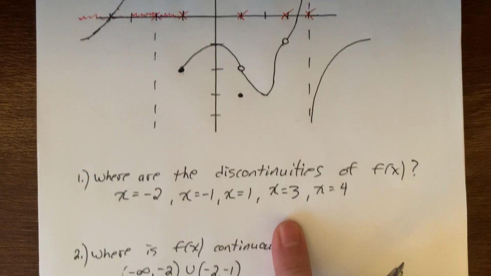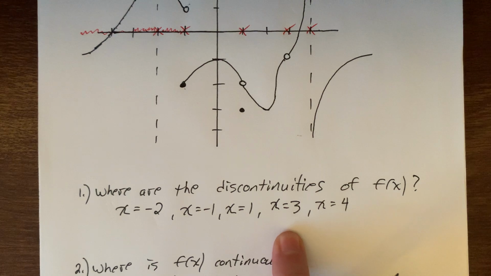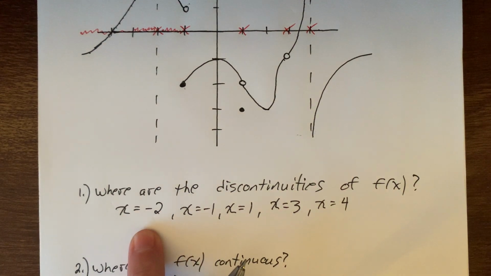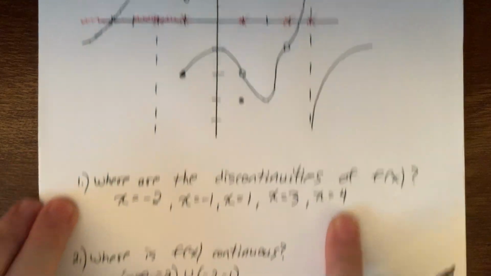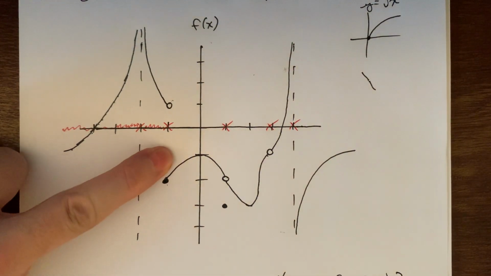Just like even up here, you need to at least identify this is an x equals, but then you don't have to keep doing x equals. You could just list all these x values and put a comma in between. That's fine, okay? So now let's keep going. So back up here.